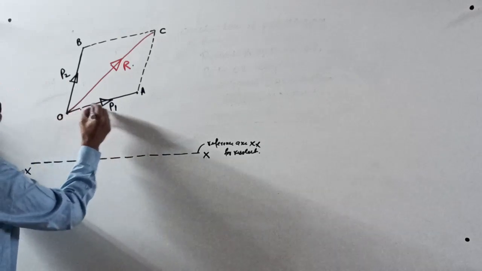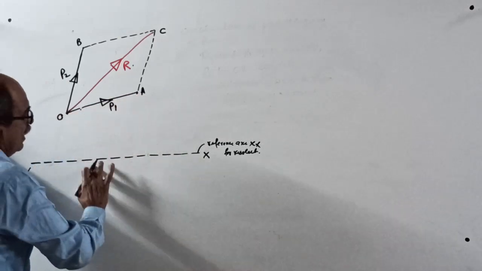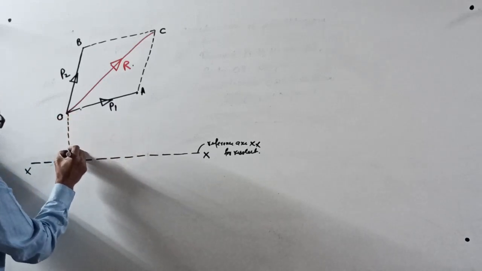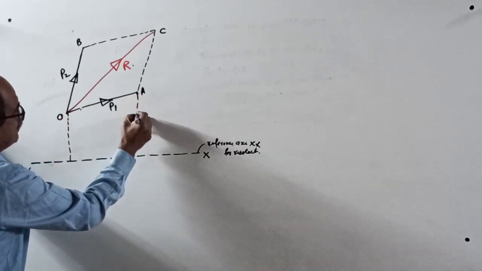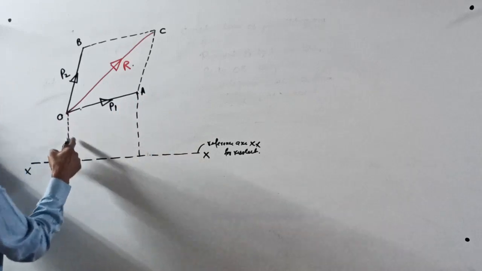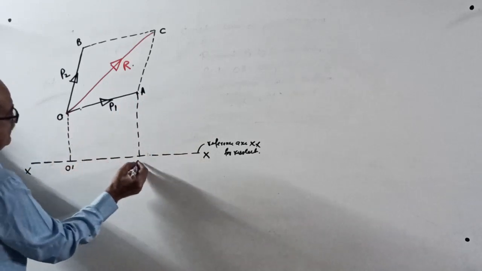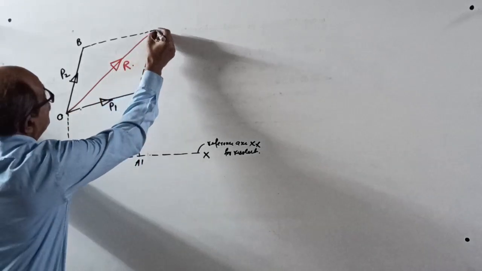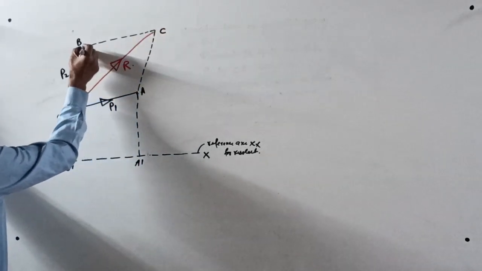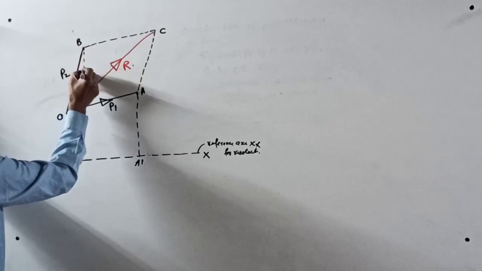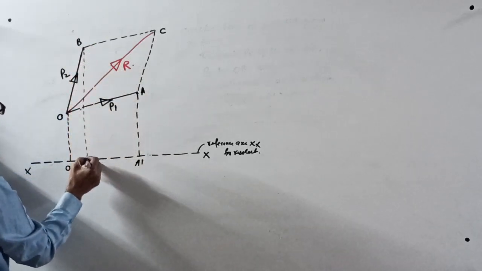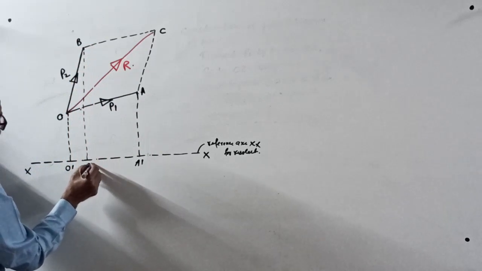See correctly what I am telling. From O, you resolve along xx. Project it here. I will call the point O dash, this A dash, and then from B also drop and project it here. I will call this B dash.